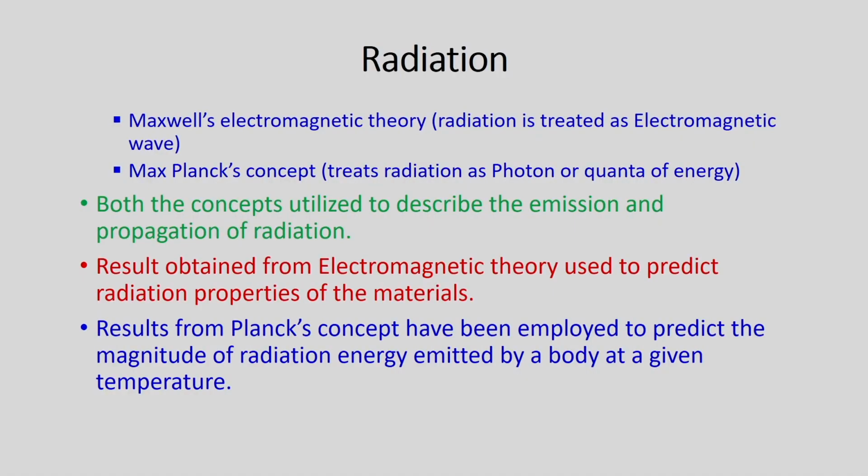One is Maxwell's electromagnetic theory, in which radiation is treated as an electromagnetic wave, and the other is Max Planck's concept, where radiation is treated as photons or quanta of energy. Both concepts are utilized to describe the emission and propagation of radiation.